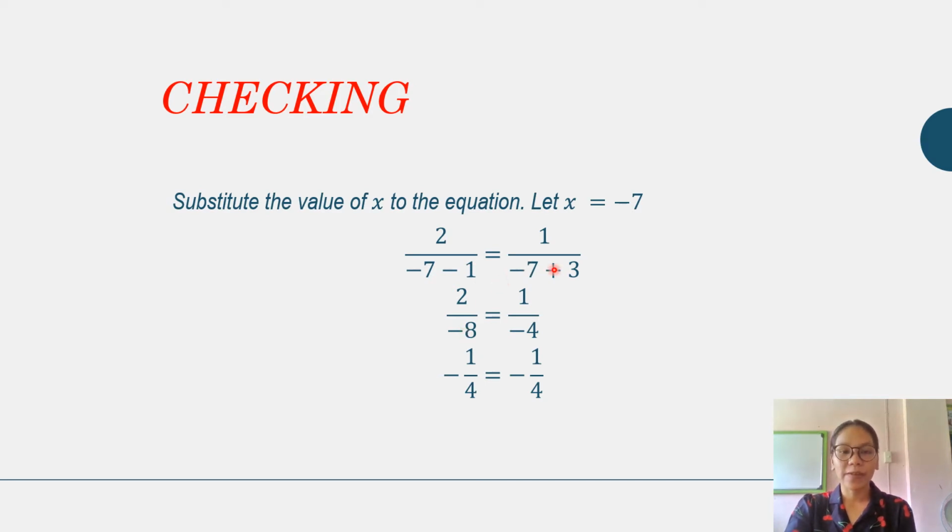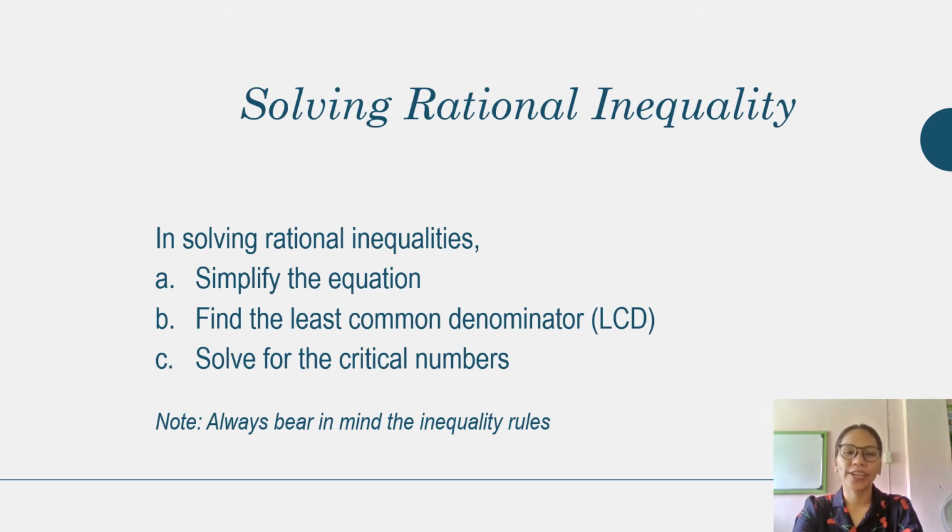Then we have negative 7 plus 3, that is equal to negative 4. So, simplify natin yung 2 over negative 8, that will be equal to negative 1/4 is equal to negative 1/4. Therefore, tama yung solution natin since these are equal. Okay, so we're done with the rational equation.